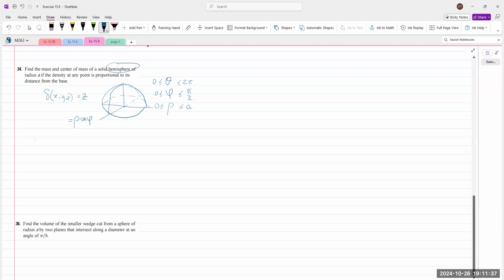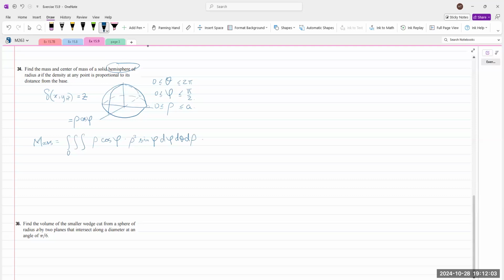Okay, so the mass will be the triple integral of the density, rho cosine phi, times rho squared sine phi d phi d theta d rho. I think we can reverse the order that way.